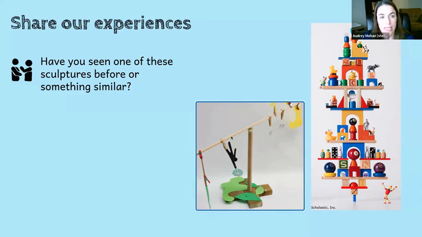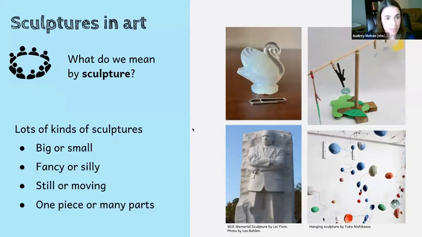So the very next thing that we want to do in the anchor is support the development of that word sculpture. So lots of us think of sculptures as like big blocks of rock or like the MLK memorial sculpture that's on the slide. But what we mean by sculpture and what we put on the word wall is that it's a three-dimensional art object.